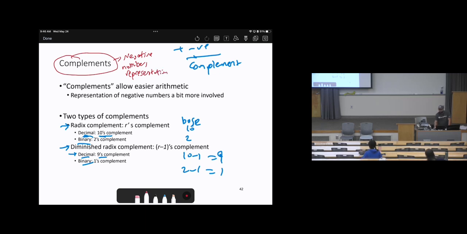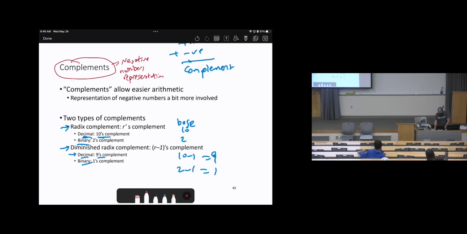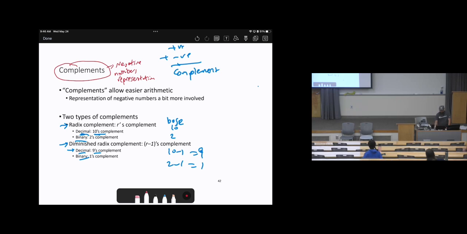In the complement, the positive numbers will remain as is, as we know before, but the complements will be used only on the negative representations.